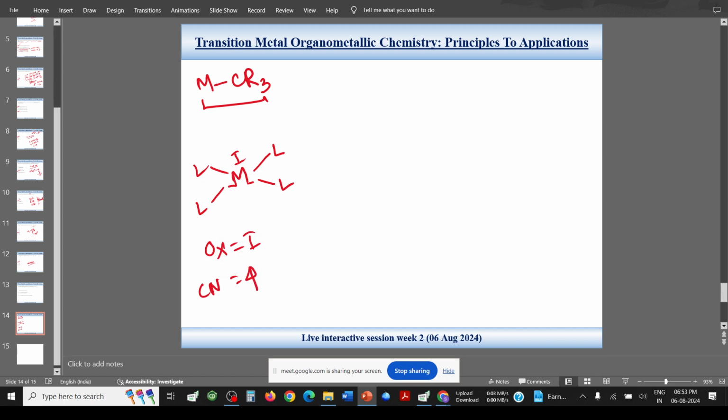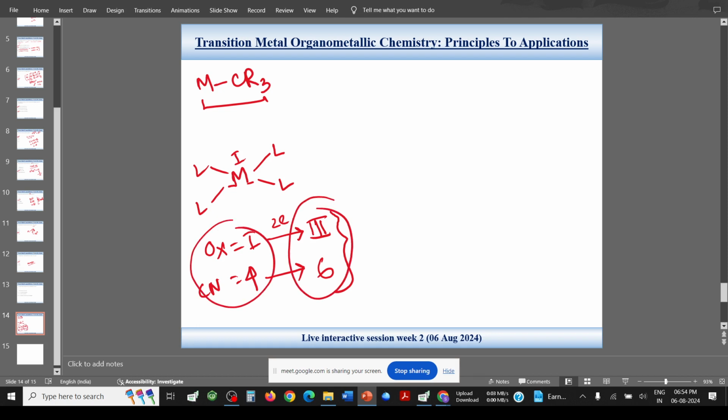But if the metal can increase its oxidation number from 1 to, for example, 3, that is a 2 electron oxidation, and it can increase its coordination number from 4 to 6, with the metal in the higher plus 3 oxidation state and higher coordination number, and both are stable, then we can use that metal complex in its low valence state for oxidative addition.